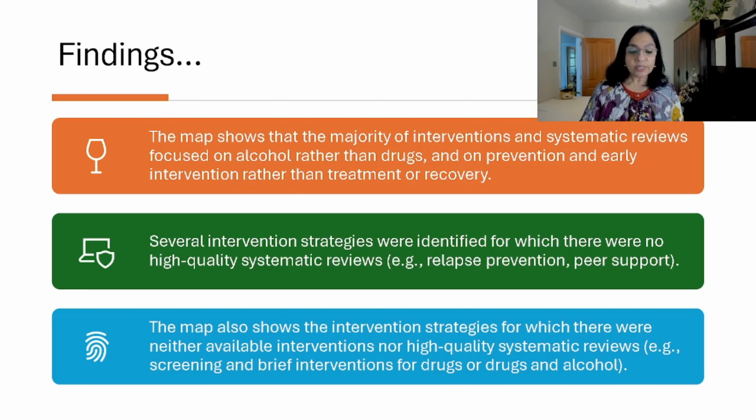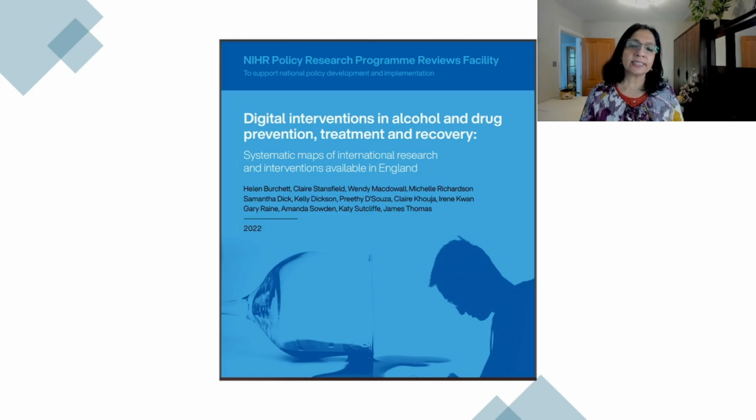The map also shows the intervention strategies for which there were neither available interventions nor high quality systematic reviews. So a lot of information can be gained by looking at this visual map. So this is the report of this map. We have a visual map, a journal article, and also a detailed report.